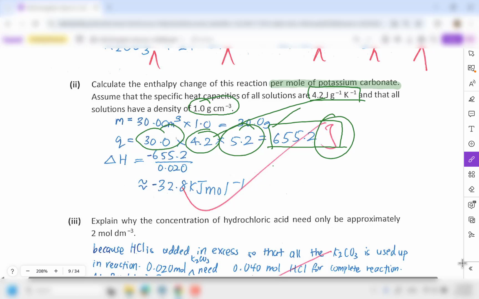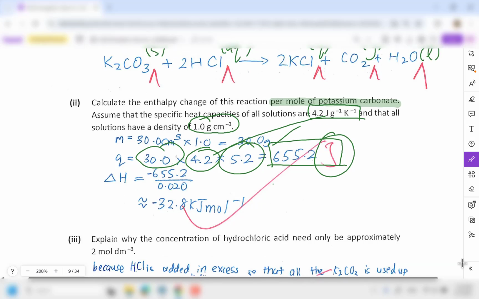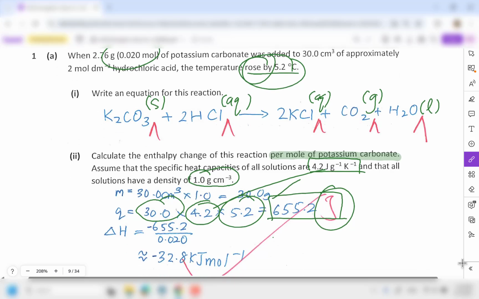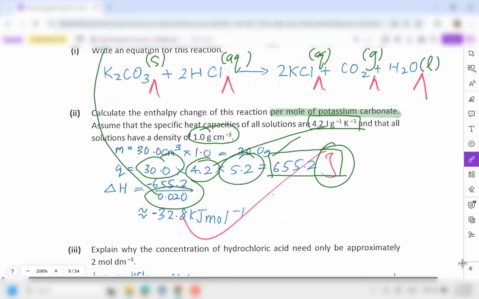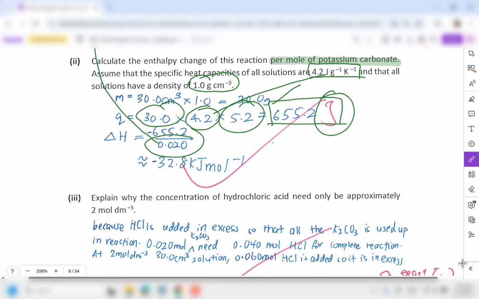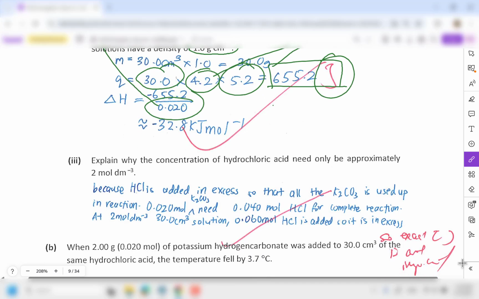You divide by the amount of the limiting reagent, which in this case is potassium carbonate, so it will be 0.02. Put that in, and your answer will be negative 32.8 kilojoules per mole. Remember, for an exothermic reaction, it will take on a negative sign.